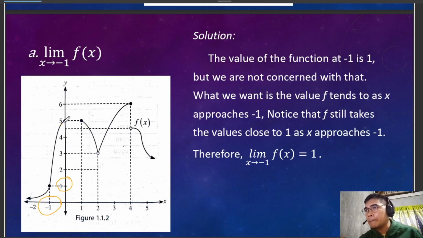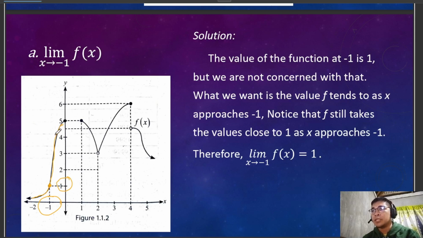So look at the graph. There's a point here that is a closed point at 1, right? In this side, we have values close to 1 as x approaches -1. So by looking along the graph, we can say that the limit as x approaches -1 is the value here, 1.